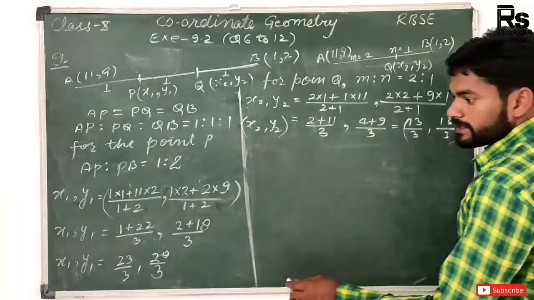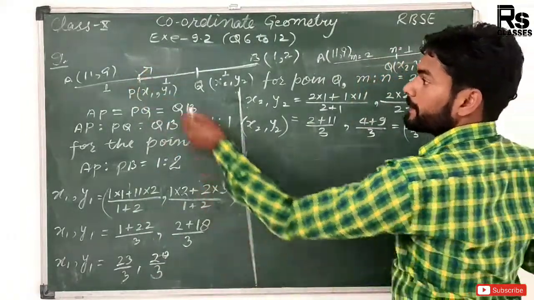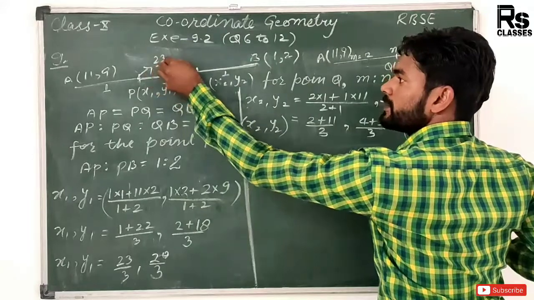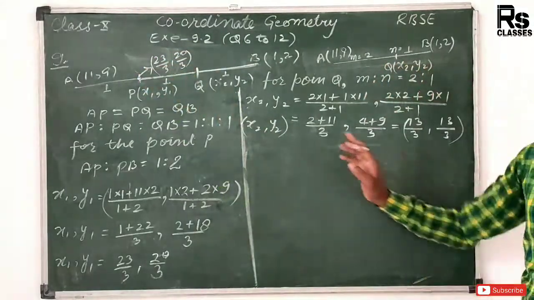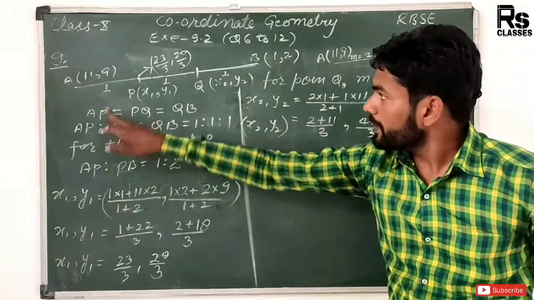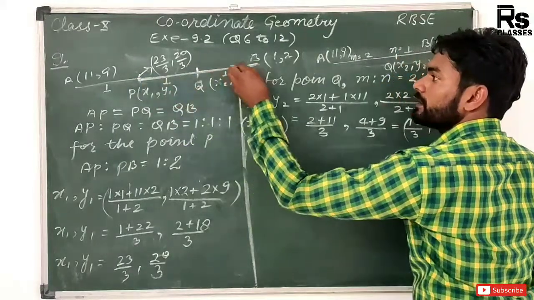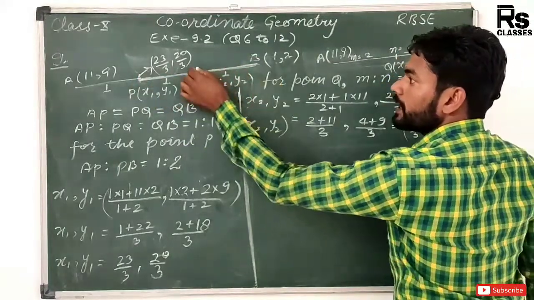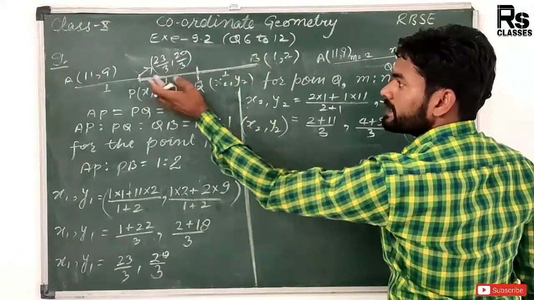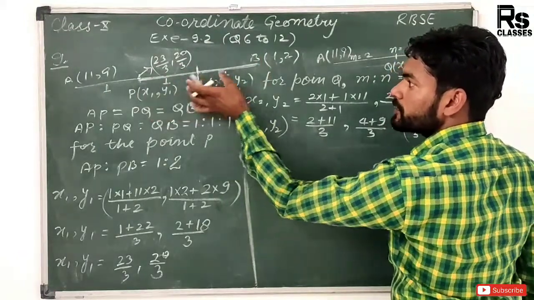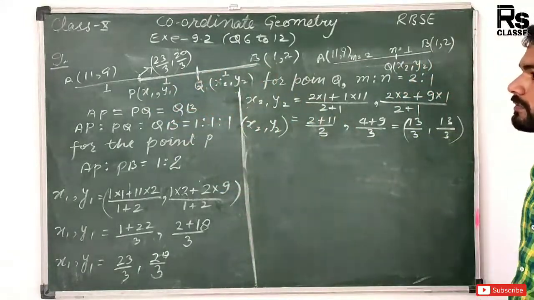Now the coordinates of this point P are 23 upon 3, comma 20 upon 3. Now check from here to here. Q is the midpoint of PB because on either side of Q the ratios are the same, 1:1.